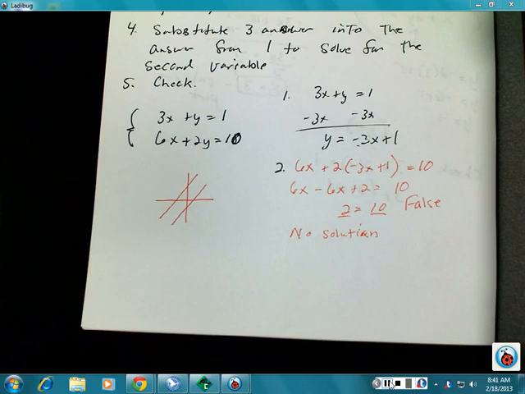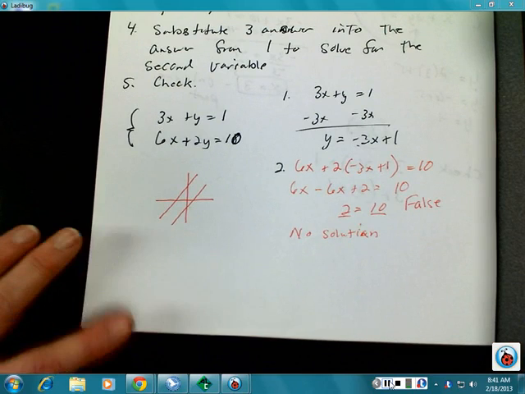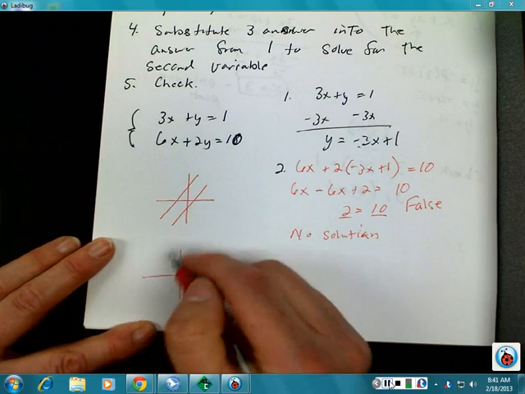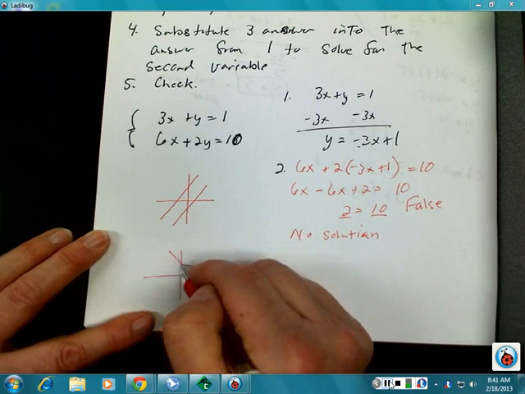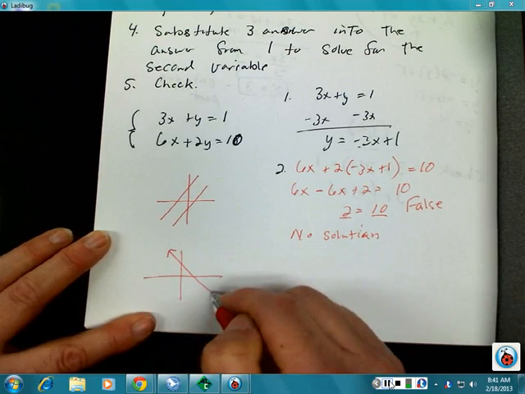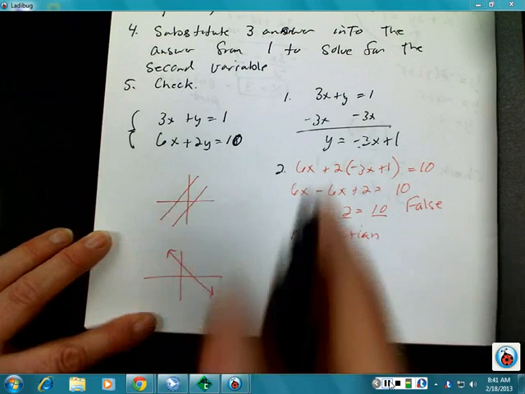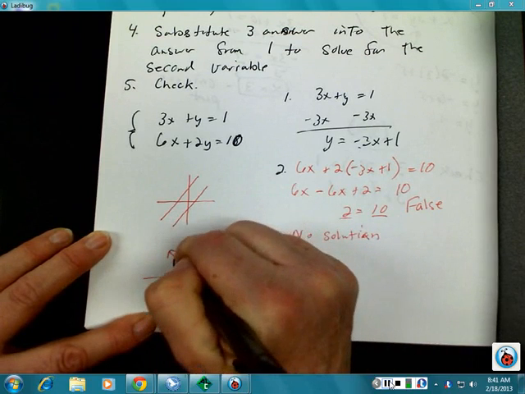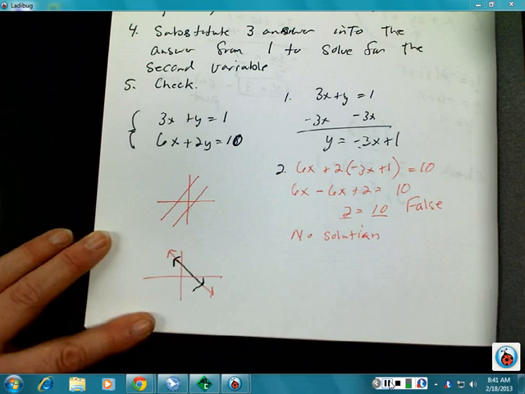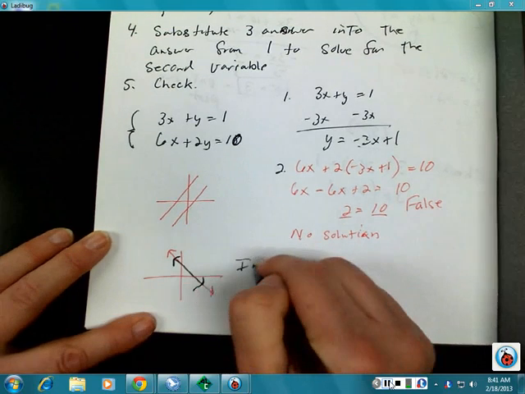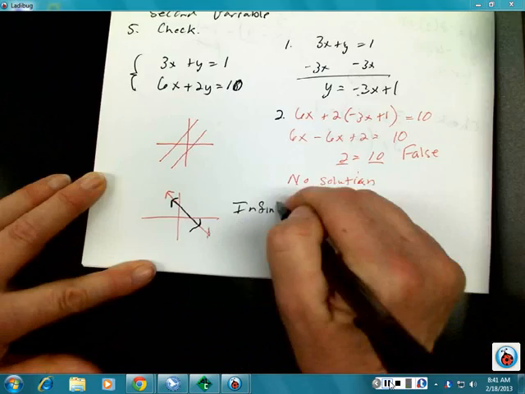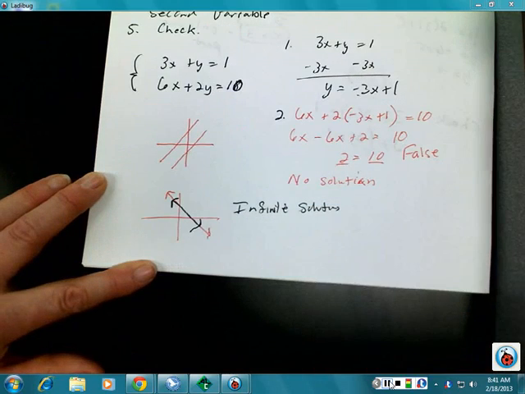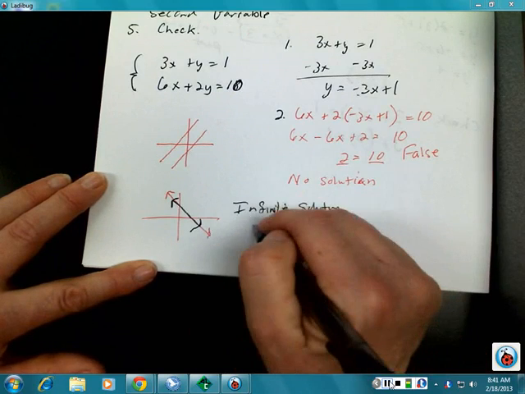Okay? Now that would be one that has no solution, and the other one that we came across when we were doing graphing was when we had the straight line that came down, but we had another line that was right on top of it. Remember that one? And because it was right on top of it, that meant I had infinite solutions. Now what happens with that when you're using the substitution rule?